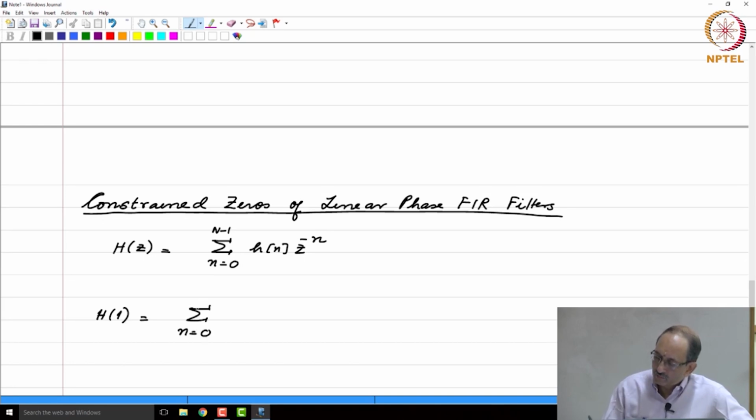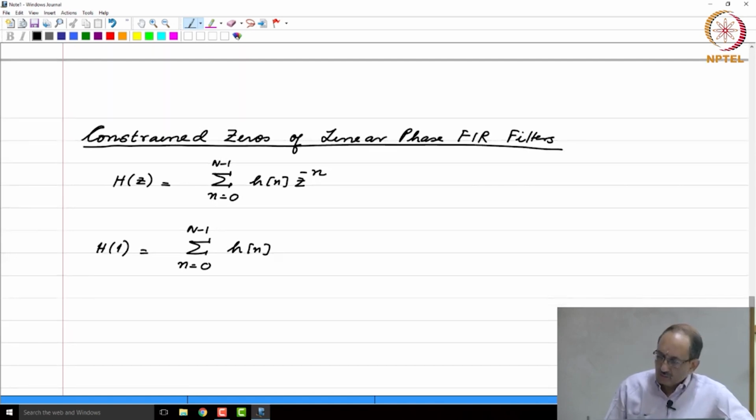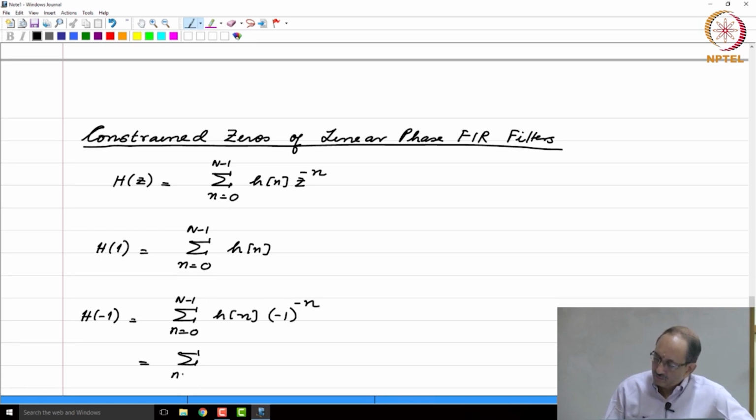So, n going from 0 to capital N minus 1 of h of n, you put z equal to 1, this is what you get. The other point that we are going to look at is H of minus 1. So, this is n going from 0 to capital N minus 1 of h of n times minus 1 to the minus n, which is the same as minus 1 to the n.